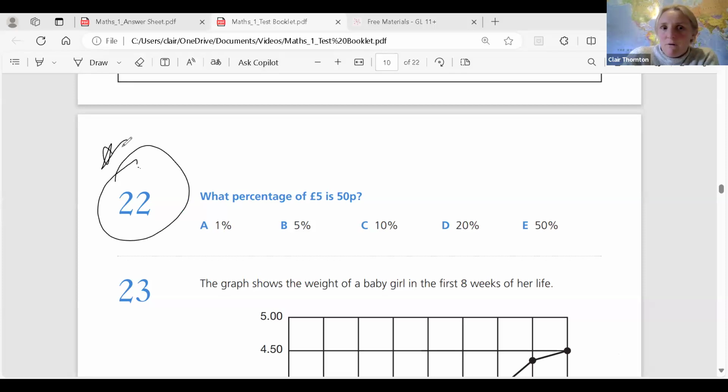And I'm going to put a ring around it, or I'm going to put a star next to it, whichever. All that tells me is that if I have extra time at the end, this is one I want to come back to, which is actually a really good thing to be able to do, because that annoying thing when teachers always say, go back and check, go back and check. This is one you need to check. By that point, you might have remembered what percentages are, or you might think, oh, well, actually, shall I guess 20% or shall I have another think about it?